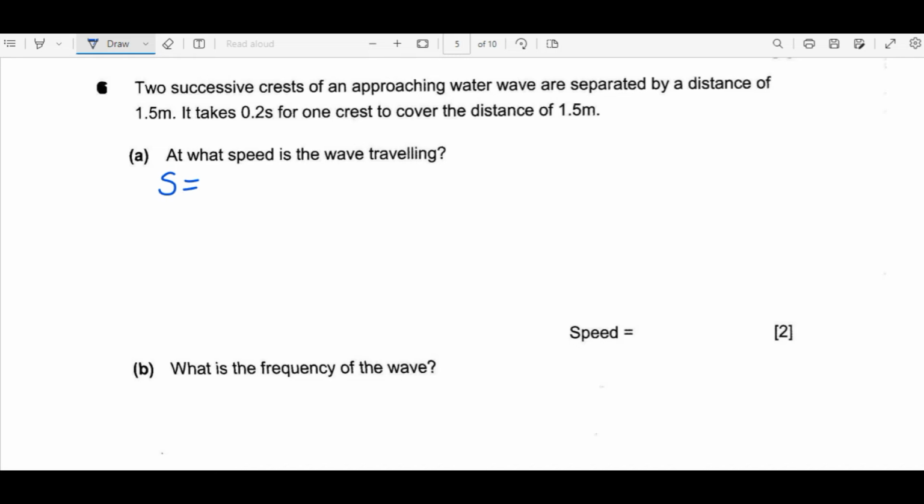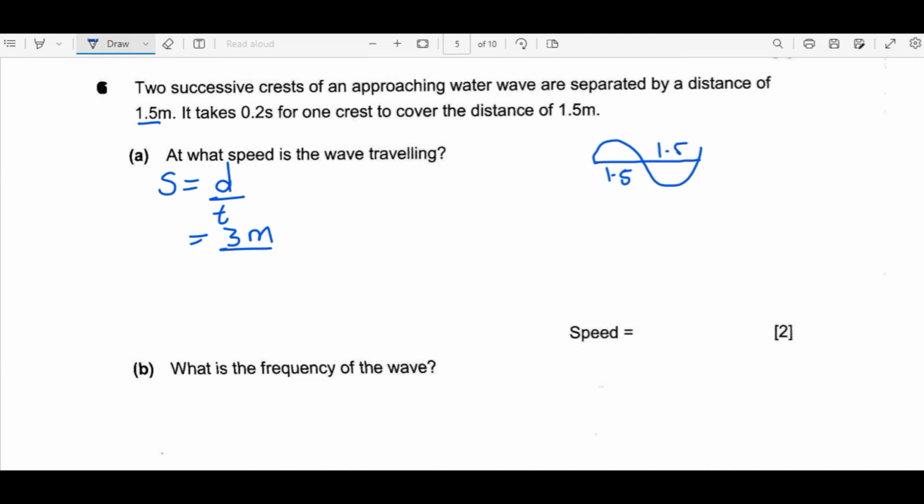We know that speed is equal to distance over time. Now one crest has 1.5, so to make one complete wave we need these two. From here it is 1.5, and here it is 1.5, so the total distance is 3 meters.